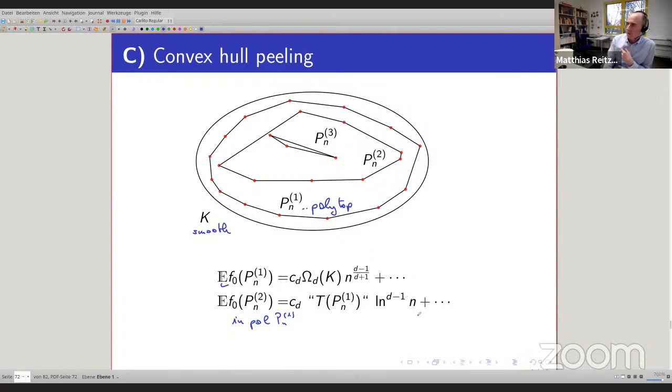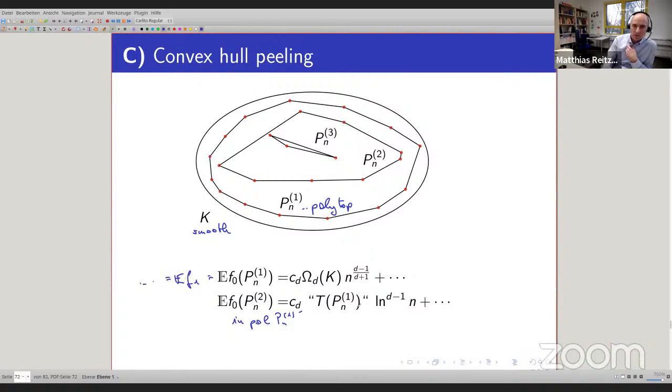This would be the naive approach. We take the result for the polytopal case: constant, towers, logarithmic. And we have to compute the towers of this polytope Pn1. But the towers of Pn1, this is well known. The expected number of vertices is the same as the expected number of edges.